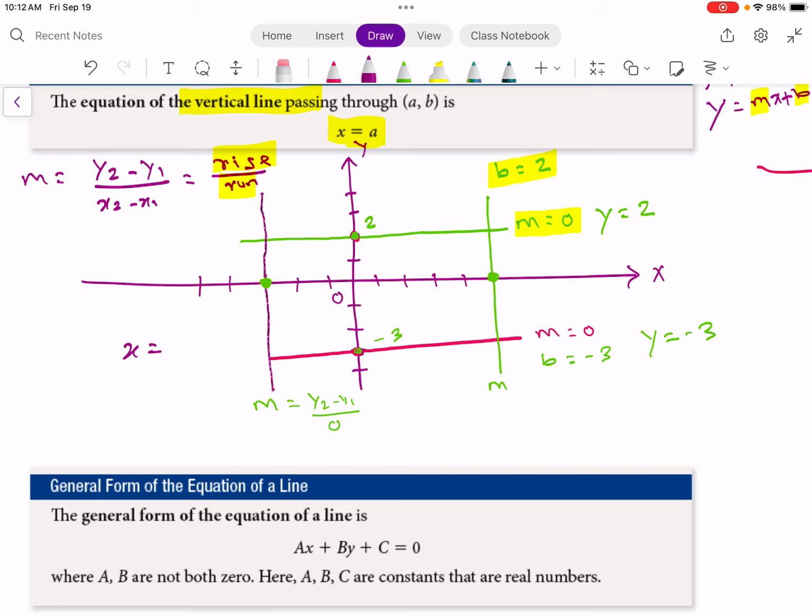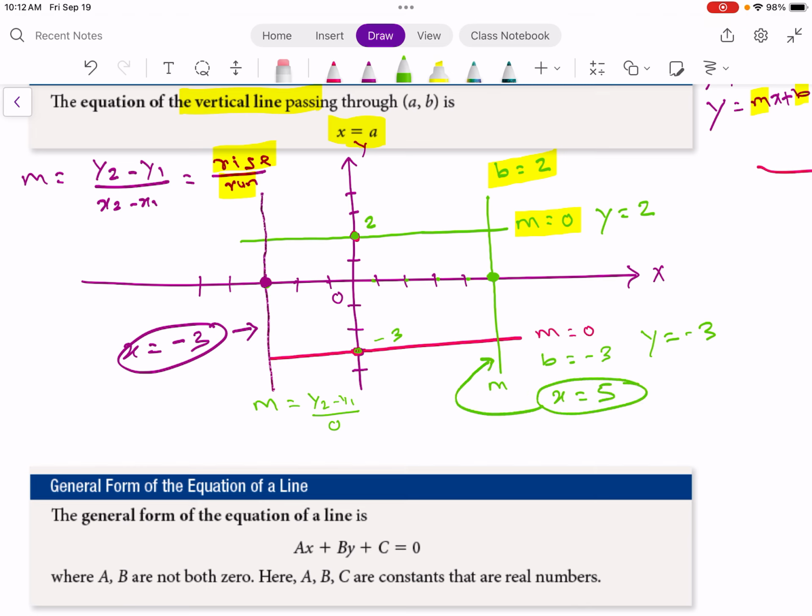So x equals the coordinate of this point. This is -1, -2, -3. So x equals -3 is the equation of this vertical line. And for this point, 1 2 3 4 5, x equals 5 is the equation of this vertical line.